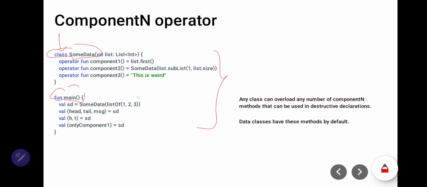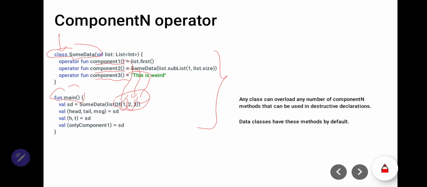If you have an object 1 2 3, you can split it and take this part of the object through this function. You can see in here component 1, component 2, component 3.